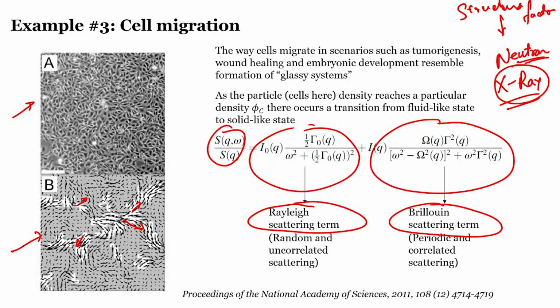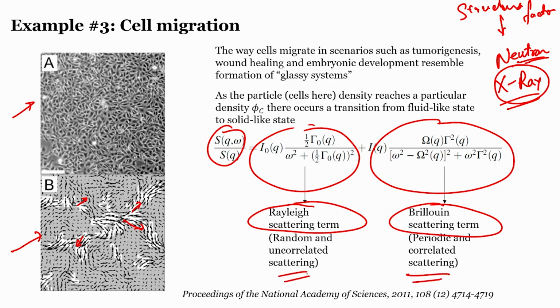You don't have to think much about the details which are given in the equation. This is just for qualitative understanding, to make you feel how a disordered system would look, and what tools you can use to understand mathematically the extent of disorder in that system. So this Brillouin scattering term consists of periodic and correlated scattering.